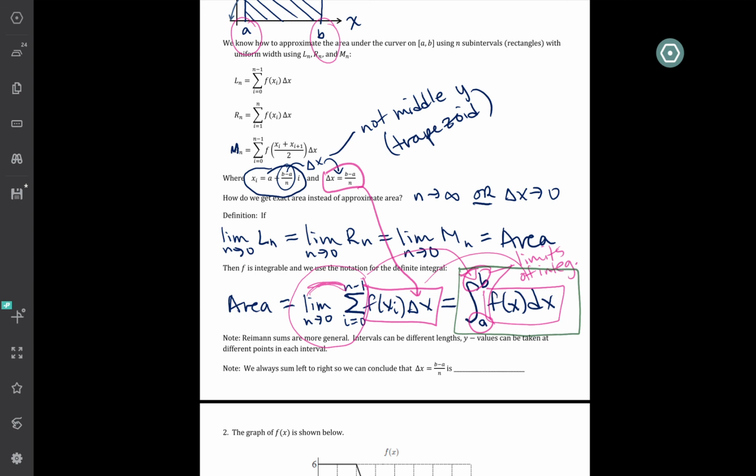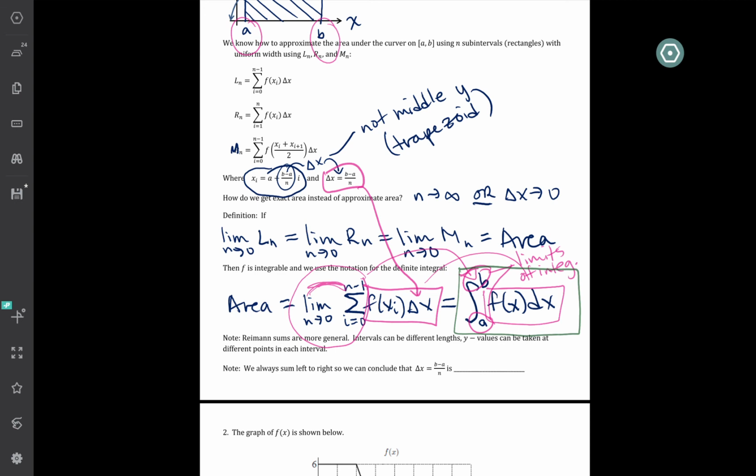We could just say on any given interval, pick an x value, use it to find your height. So Riemann sums allow for a lot more variation in what your rectangles look like and where you're getting the height from. And if you just say in general, it can be any old Riemann sum. You can get as weird as you want with that. You should still get that if you take infinitely many rectangles, they approach the actual area under the curve.